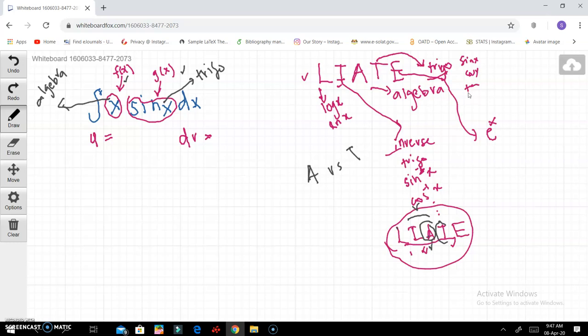Algebra first. So you can say that algebra will be the value of u, and trigo will be the value of your dv. So here algebra should be x, and trigo will fill in the place of dv.